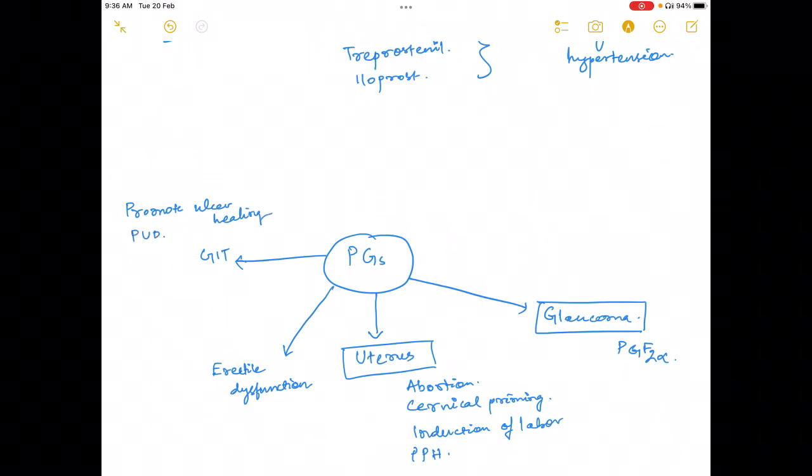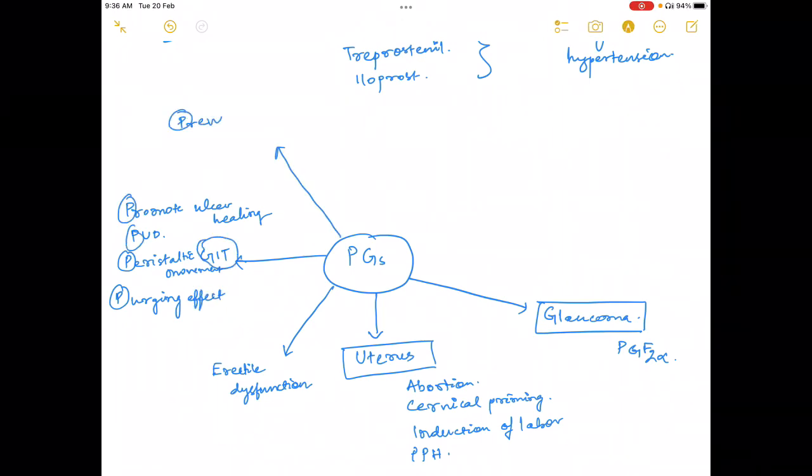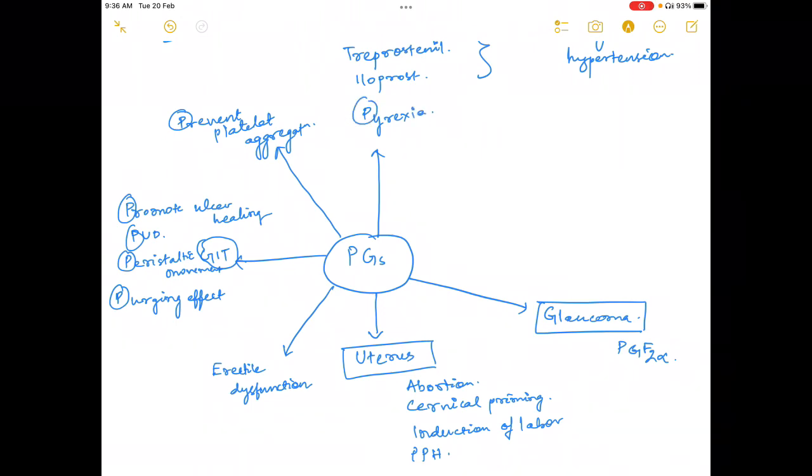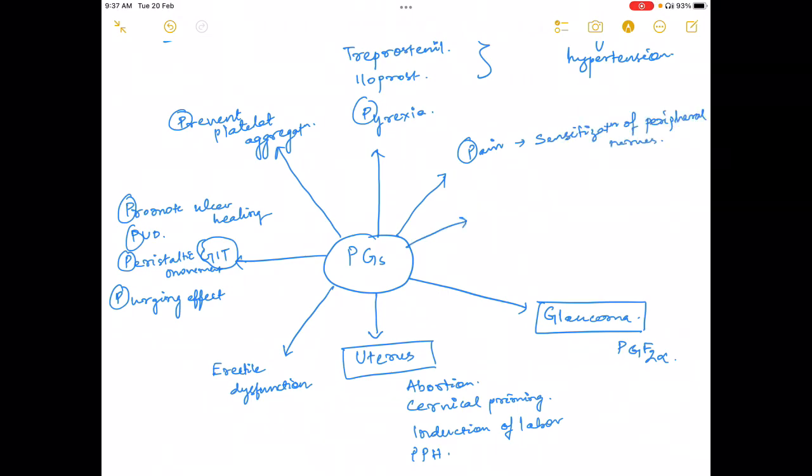In peptic ulcer disease, it increases peristaltic movement. It also has a purging effect. Then it prevents platelet aggregation. It is a mediator of inflammation, so it causes pyrexia. It causes pain by sensitization of peripheral nerves.